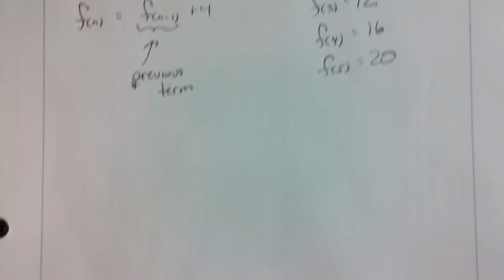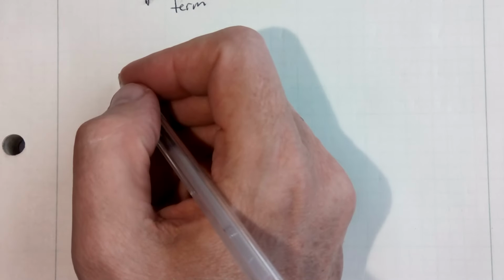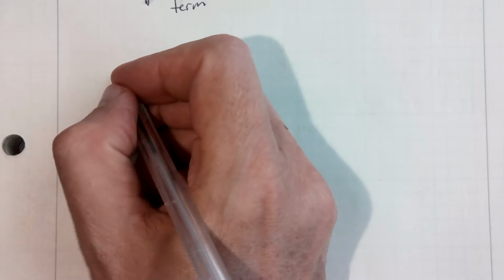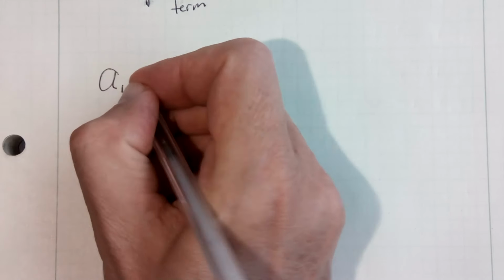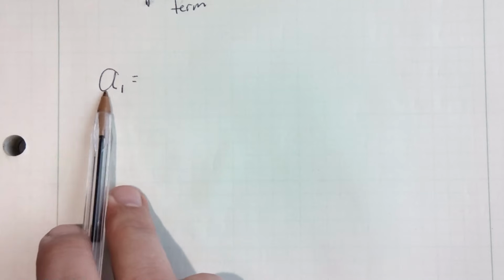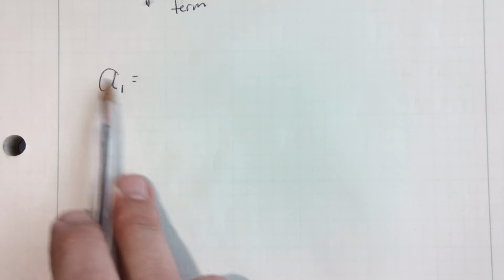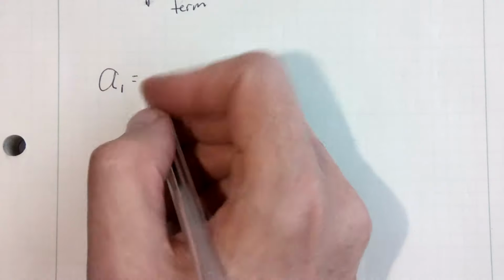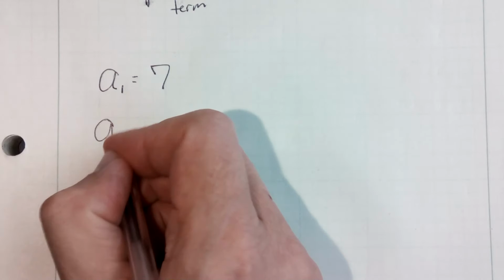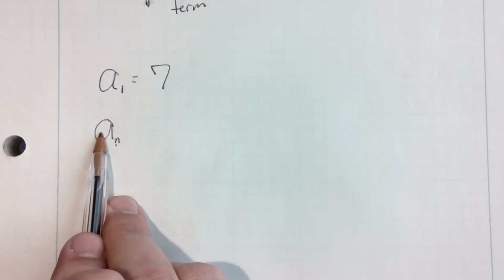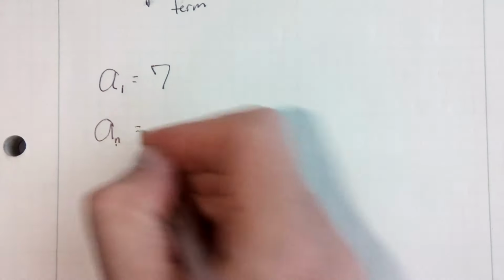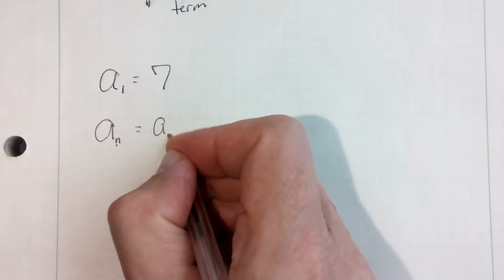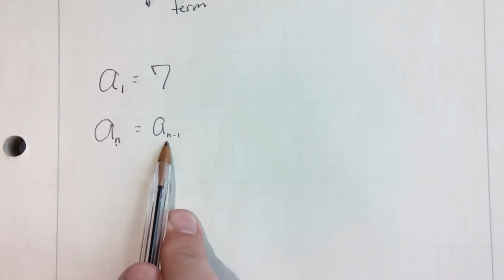Another way to represent recursive formulas is with the a notation, like we did last time with our explicit formulas. So they'll say, let's let the first term, so they'll use a with a subscript of 1 to represent the first term. So let's let a1 be 7, and then the nth a term is going to be found by taking the previous term, so this little subscript of n minus 1.